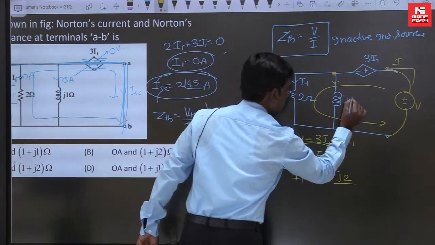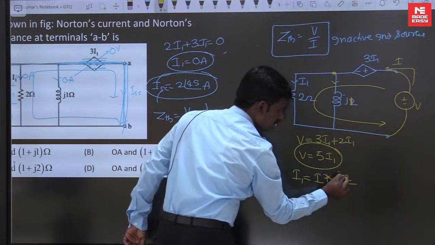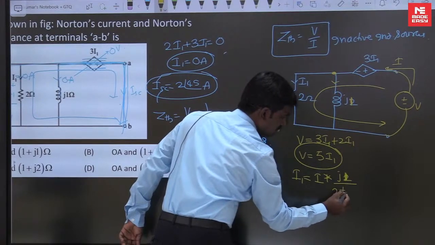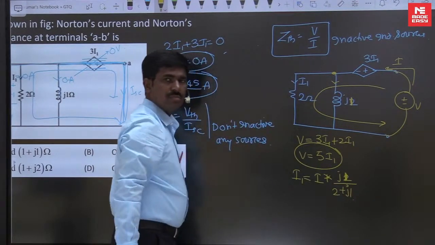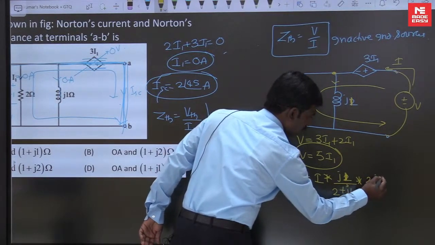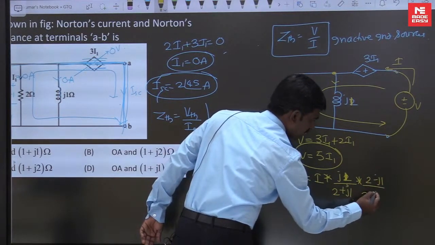This is J1 by 2 plus J1. Rationalize by multiplying by 2 minus J1 over 2 minus J1.